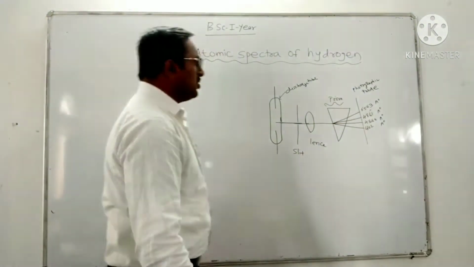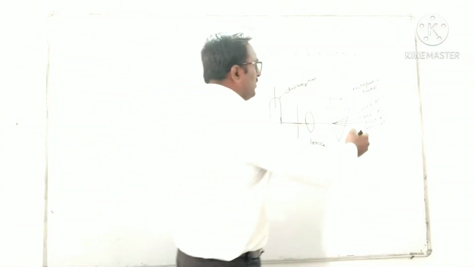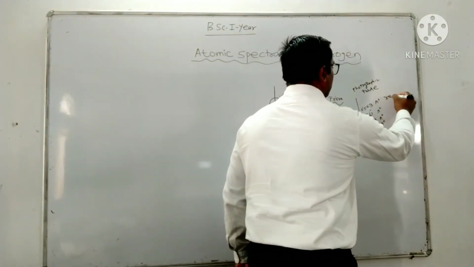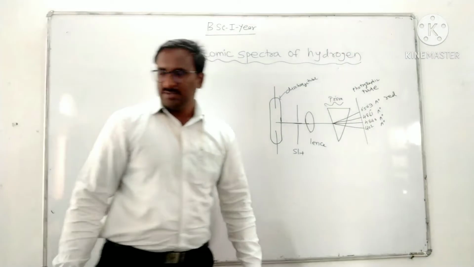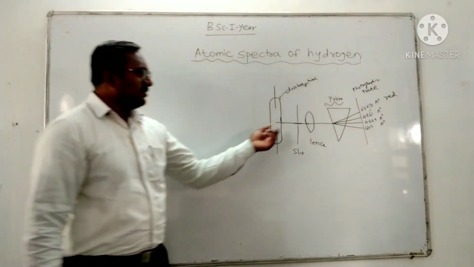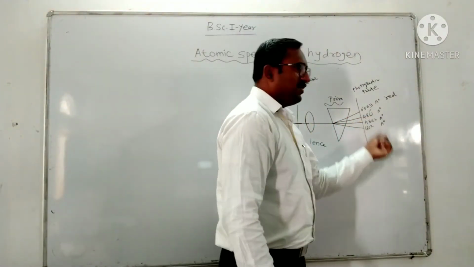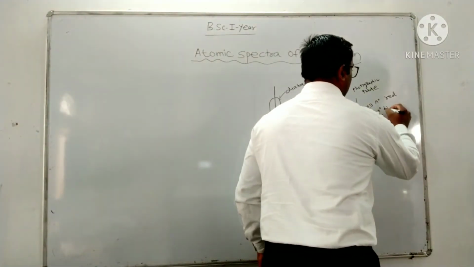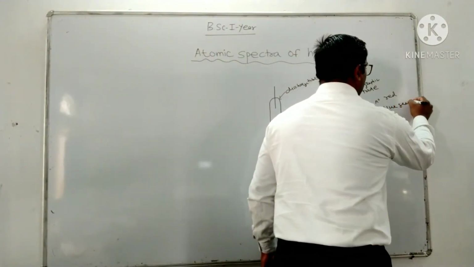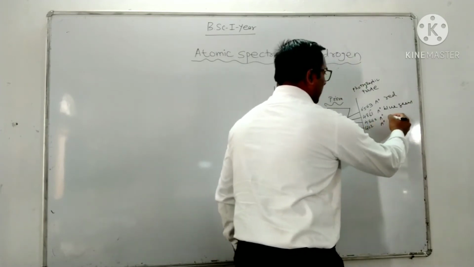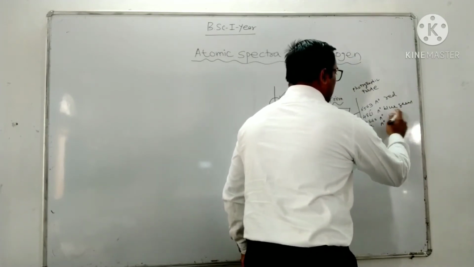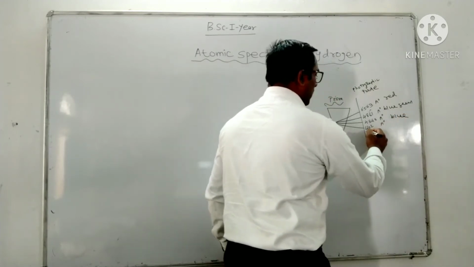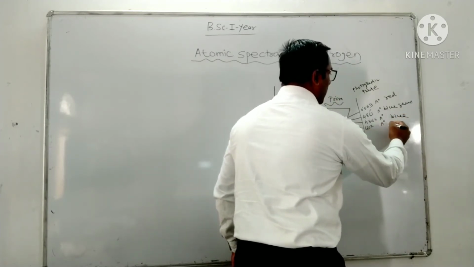So we know that conversion. 6563, it is nothing but the red color, isn't it? It is red color. Then 4861, it is blue green color. Then 4340, it is nothing but blue color. And 4102, it is violet color.